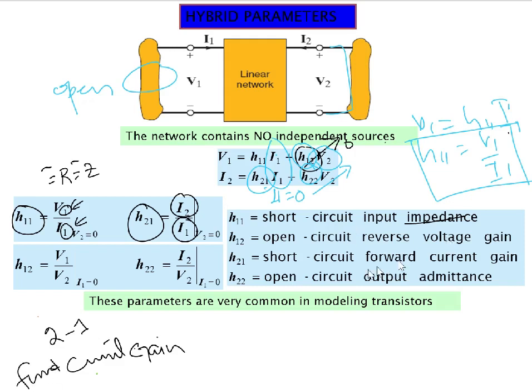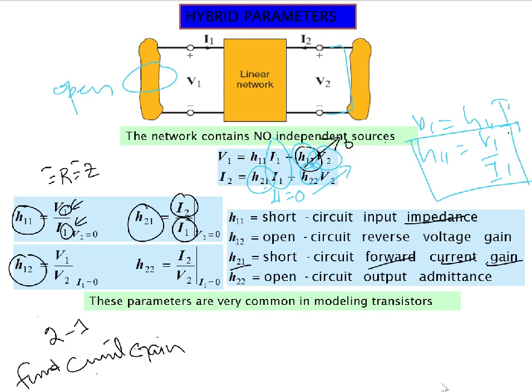So this is the forward current gain. This H12 is actually 1 by 2, voltage by voltage, so it is a voltage gain, but sorry, we should write it a bit clearer.